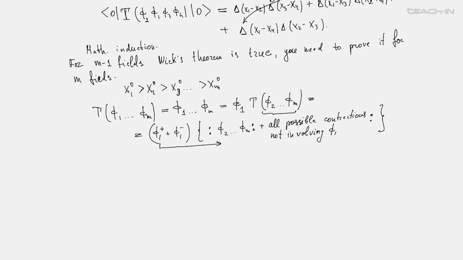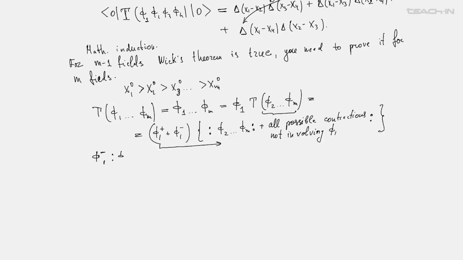So there is no problem to put this phi 1 plus inside. While for phi minus, you have a problem because phi minus contains an annihilation operator, and now this annihilation operator, for instance, meets this normal ordered product of phi 2 and phi m, right?